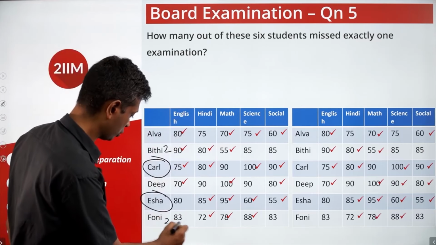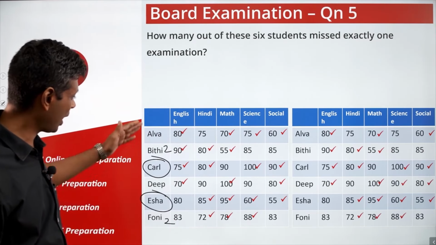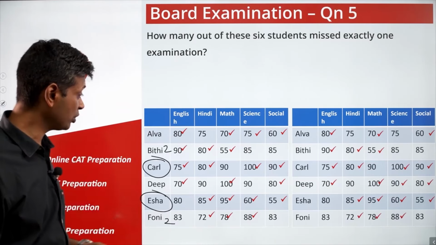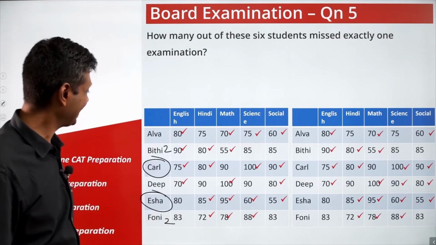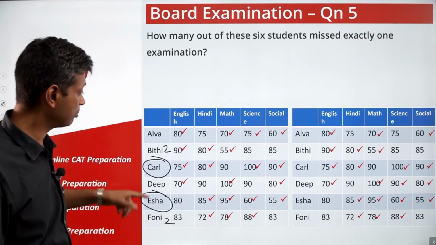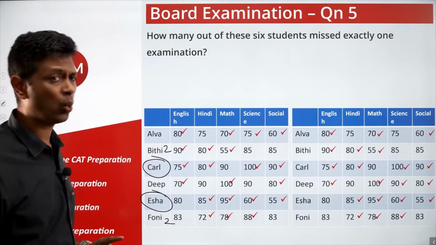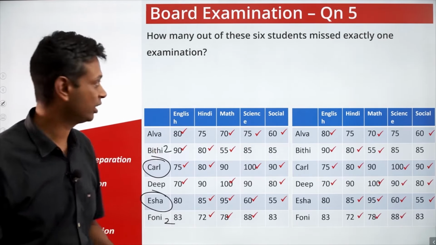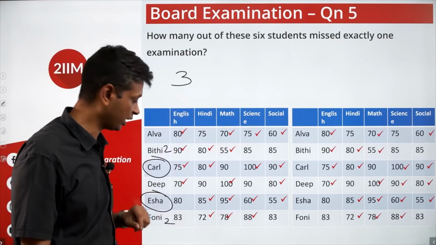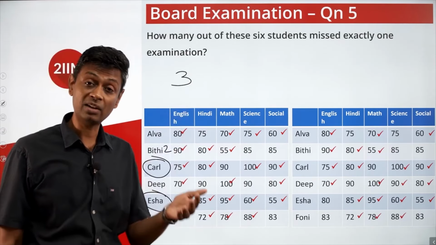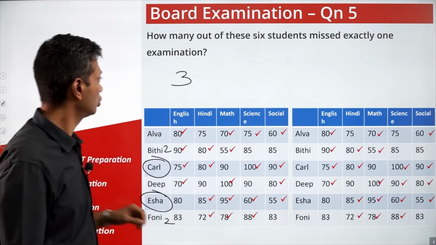This also we know for sure. So it finally boils down to Alva and Deep. One of them would have missed 2 and the other would have missed only 1. So in either case, we have Carl and Isha missing only one exam and one of Alva and Deep missing only one exam, or 3 totally. We cannot say which 3. The final thing, it's either Alva or Deep who missed only one exam. So 3 totally.